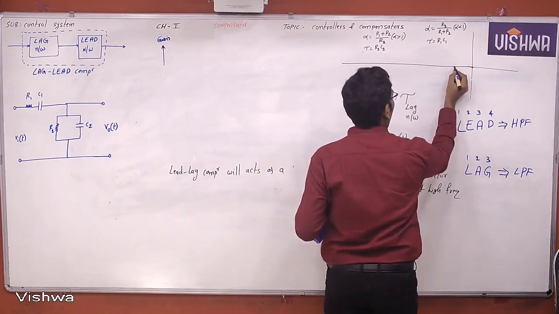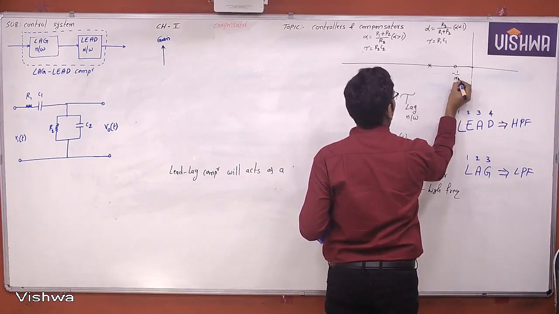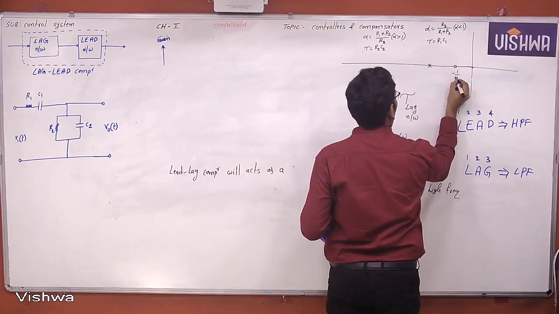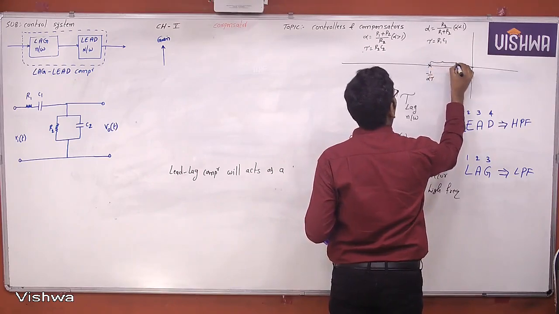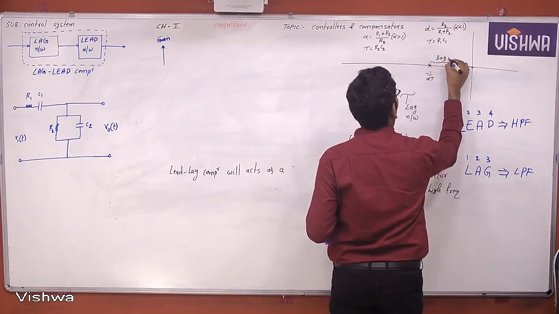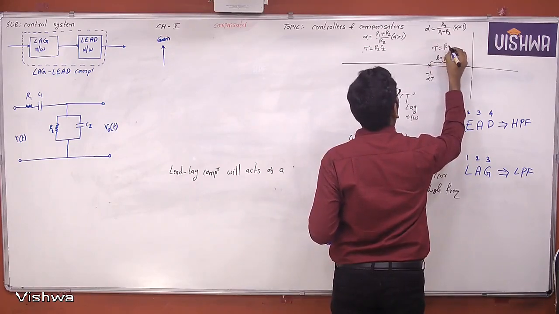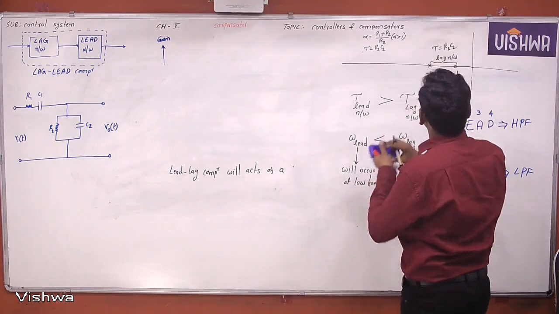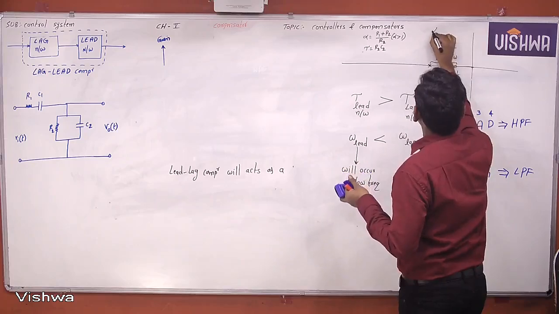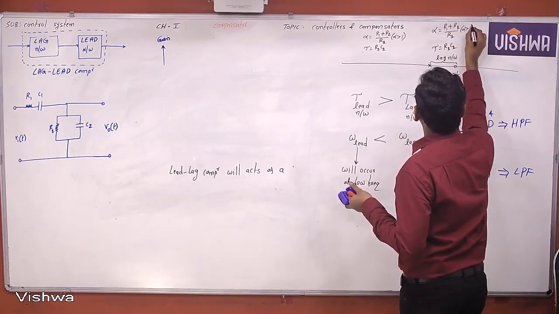The lag network will produce a finite zero and a finite pole. This is the lag network, where the time constant tau is R2 C2, and the compensator constant alpha is (R1 plus R2) by R2, where alpha is greater than 1.